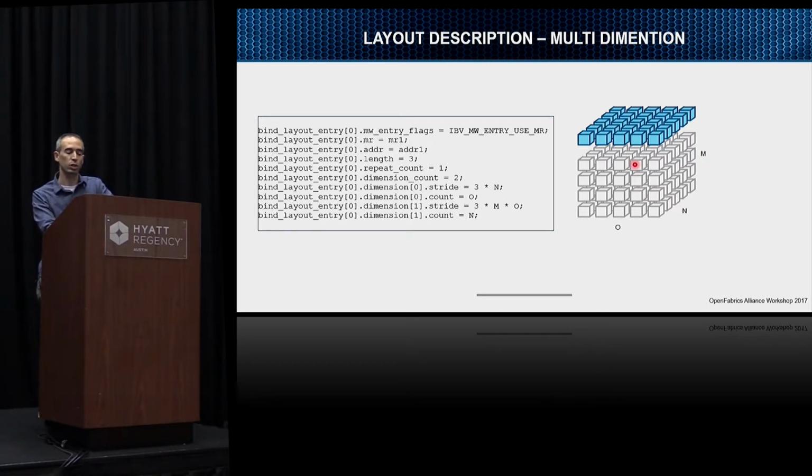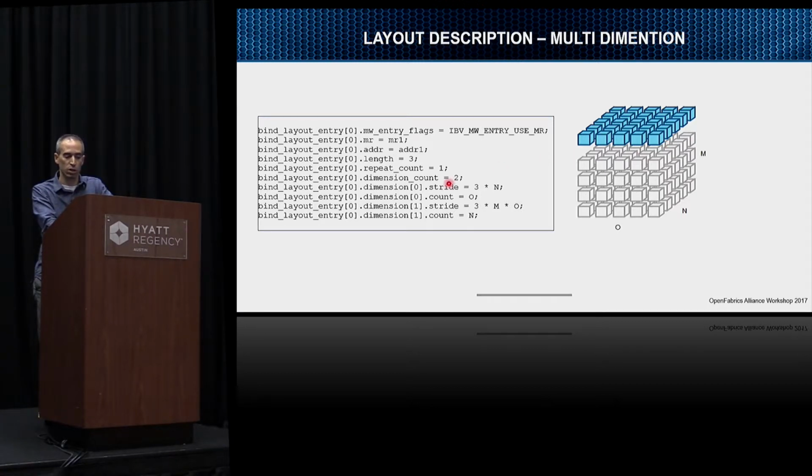So in this case, we need to use 2 dimensions and define that the stride for the first dimension is n, times the length of each object. In this case, we defined it as 3 bytes. So the first stride would be from that object to that object would be n times the size of the object, which is 3. We repeat that O times because that's the length of the row here.